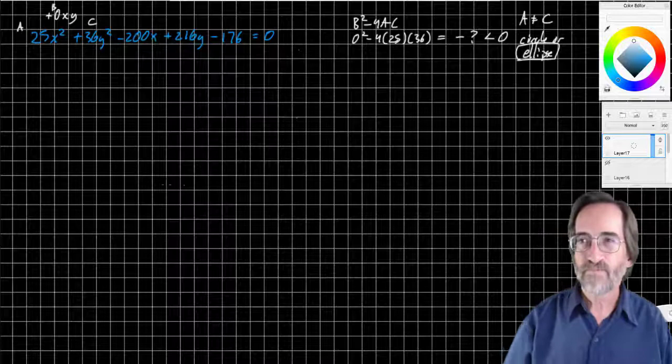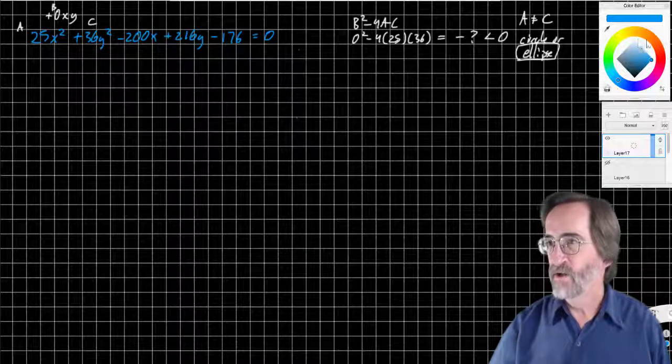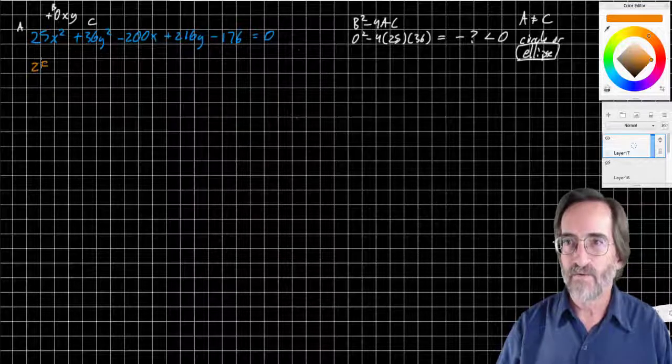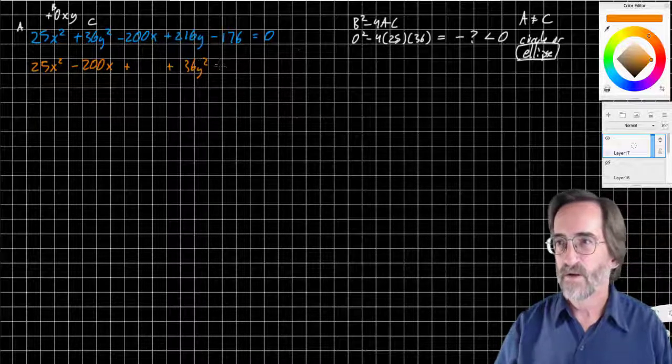All right, let's see what we can do about converting this. I'm going to start by grouping the x's together: 25x squared minus 200x plus something, plus 36y squared plus 216y plus something.